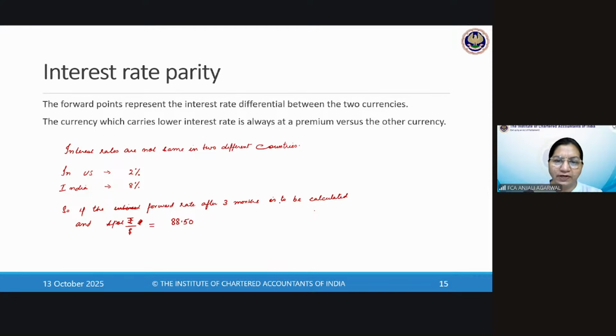What should be the forward rate? What will it be? Would you like to give it a try?